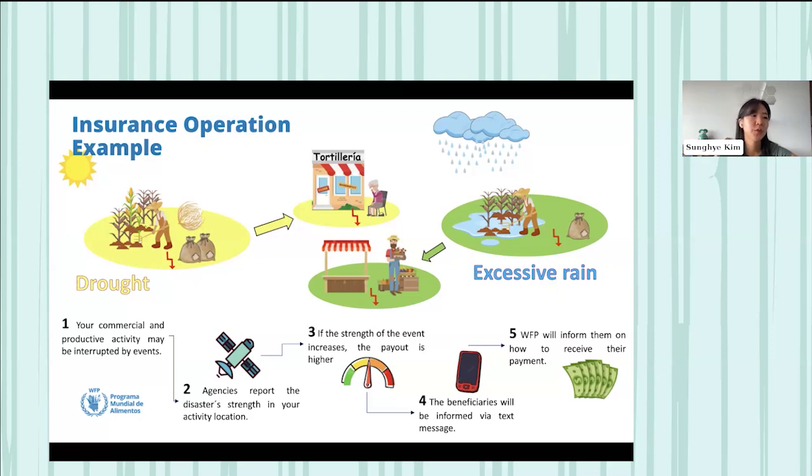This process ensures quick and fair compensation for insurance subscribers. And lastly, beneficiaries will get paid their payouts from the drought or excessive rain.